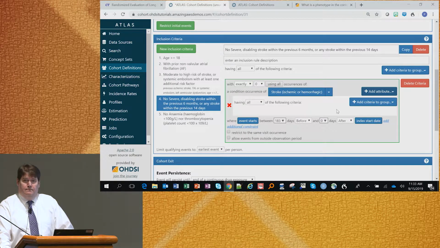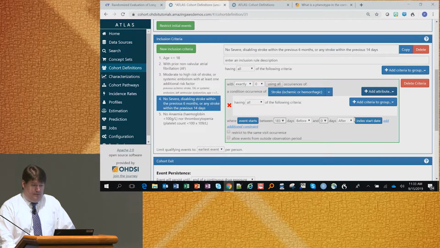Patrick, I think that would be a perfect subgroup in the phenotype library. Absolutely. So we need to be precise: when we use imprecise language like disabling stroke, we need to add the precision to say what we really mean by that, and then have an implementation that tries to represent that idea as best we can.